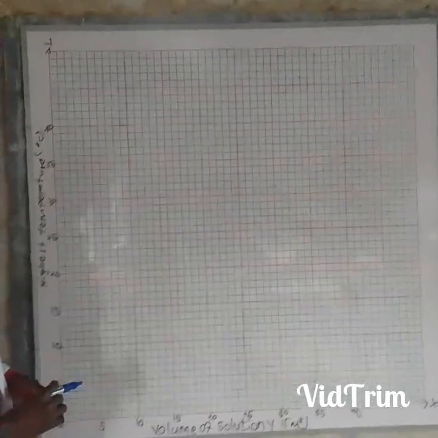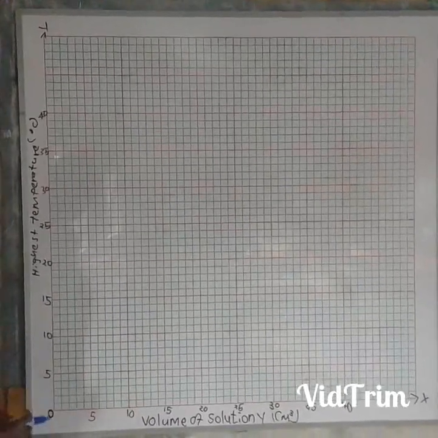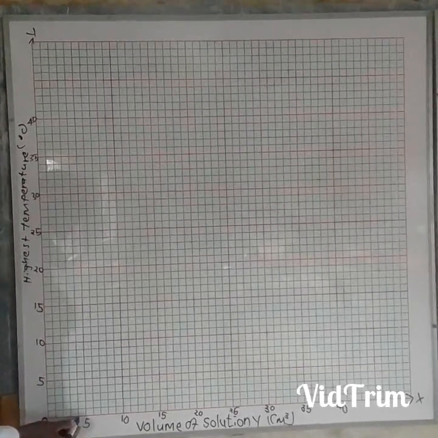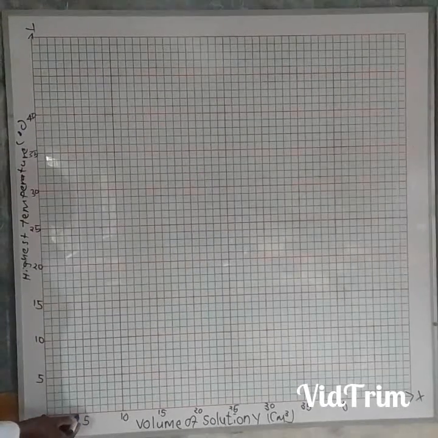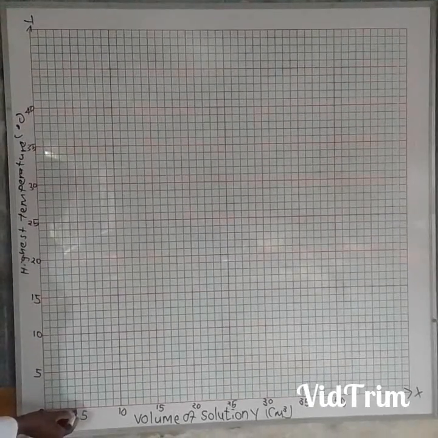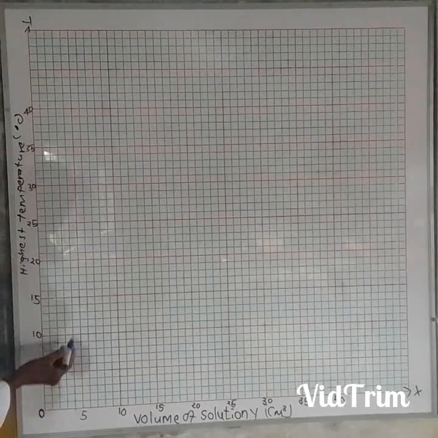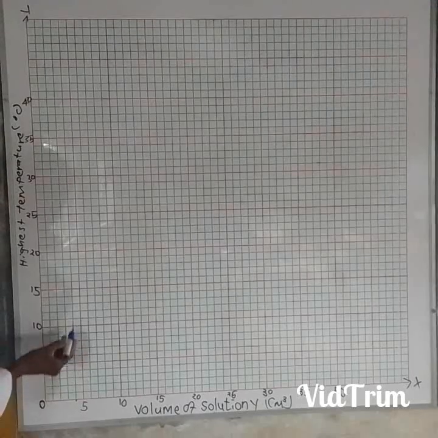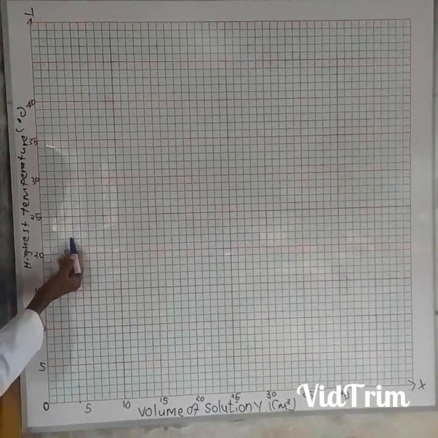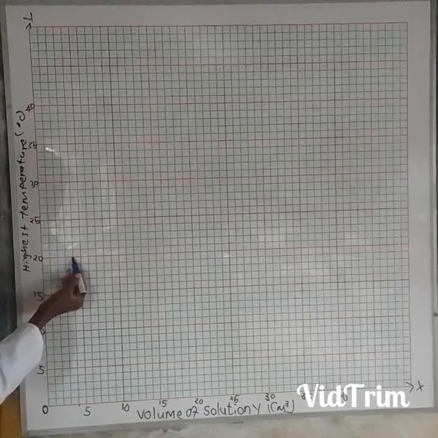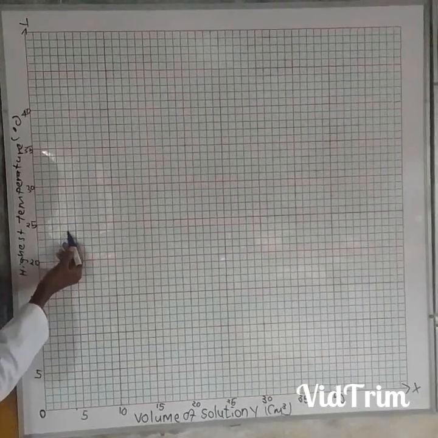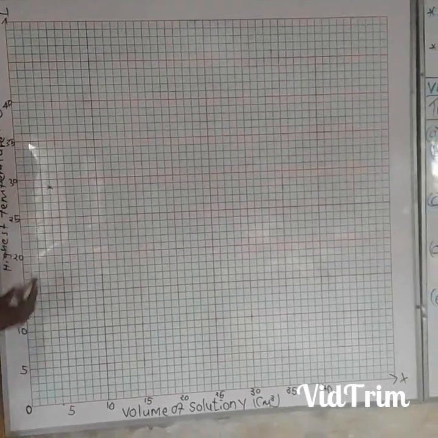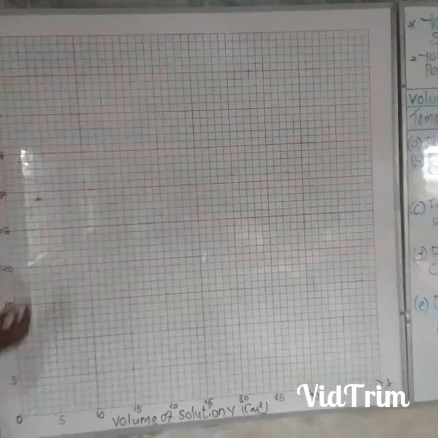For example, when the volume of solution Y is 4, the highest temperature reached according to our table is 19. So I stand where there is 4 on the volume, then I move up on the y-axis up to 19, and I use a cross.